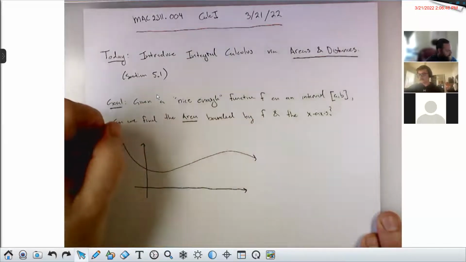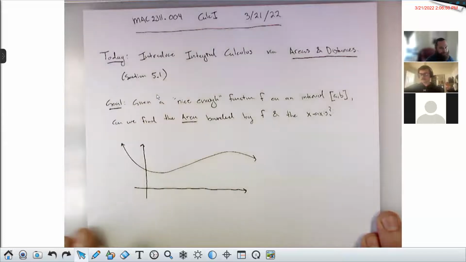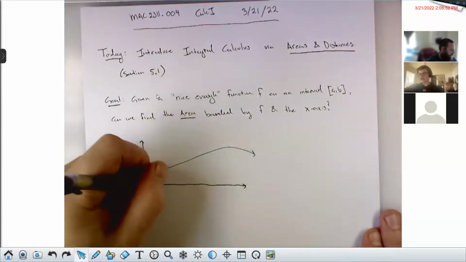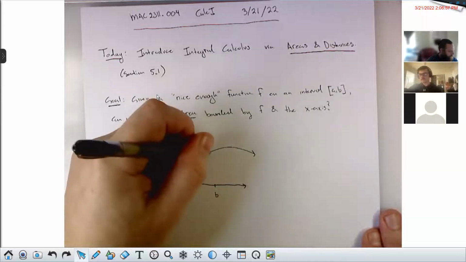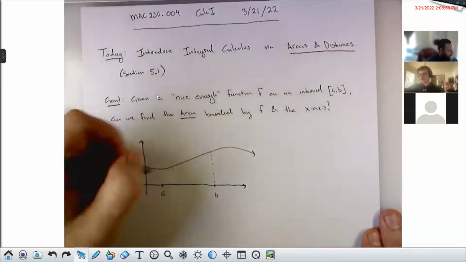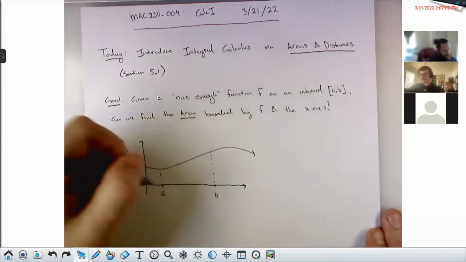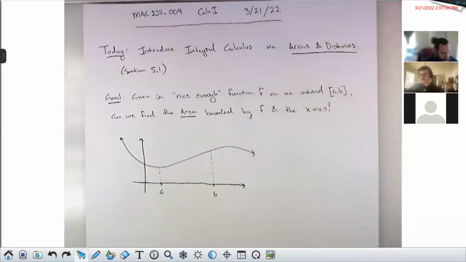So if I draw some sort of generic function in here, the idea is that maybe A is over here, maybe B is over here. And I would like to find this area, the area bounded by f on that interval.